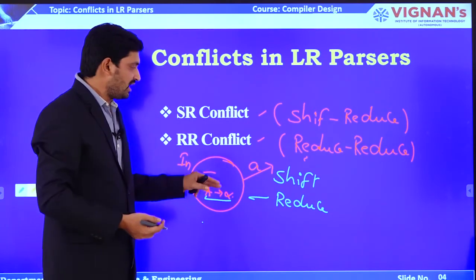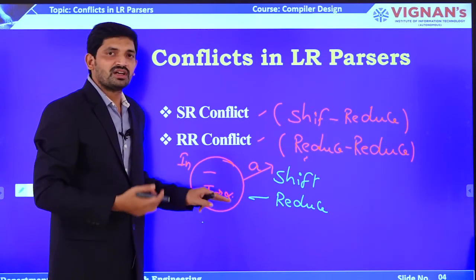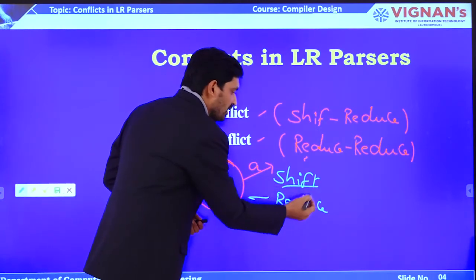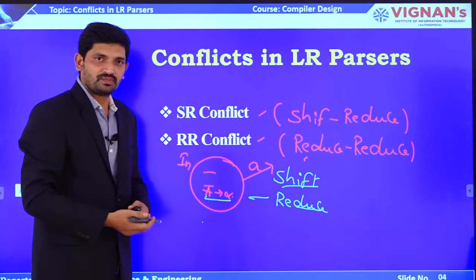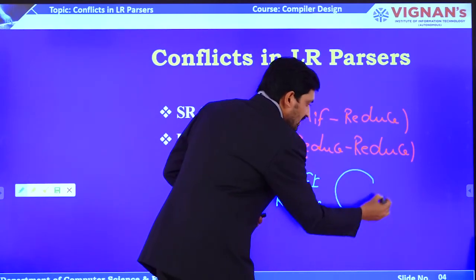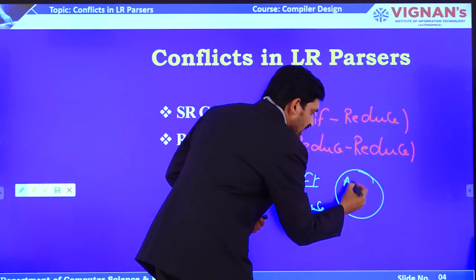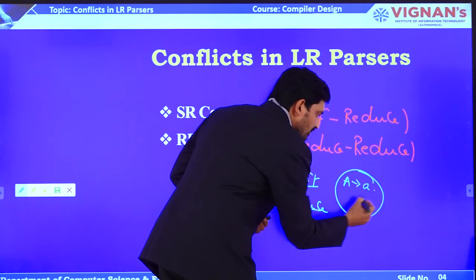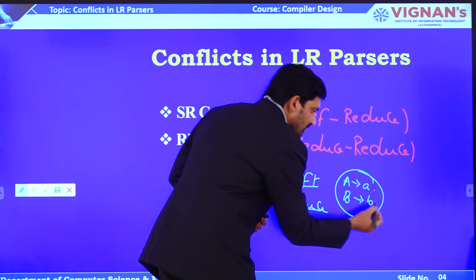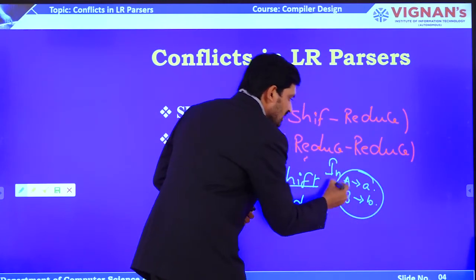So, this may lead to the SR conflict. Why? Because at this particular point of time, the parser may be confused whether it has to perform the shift operation or reduce operation. Now come to the RR conflict. If a state is like this, A tends to A dot and B tends to B dot, let us say the state number is IN.